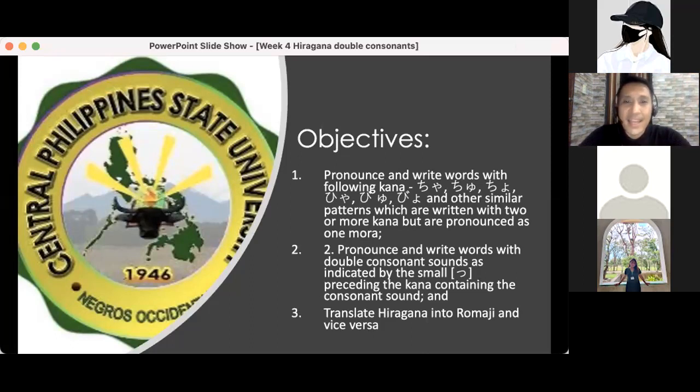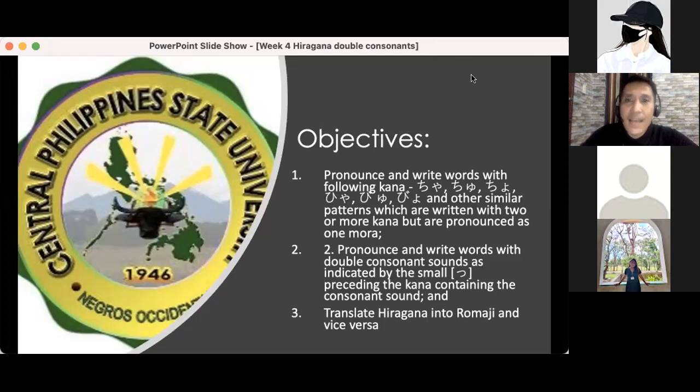Kanina natutunan natin yung dakuten at handakuten. Please remember that. Ngayon naman, mora at saka yung kana. Pronounce and write words with double consonant sounds as indicated by the small tsu preceding the kana containing the consonant sound, and translate hiragana into romaji and vice versa.